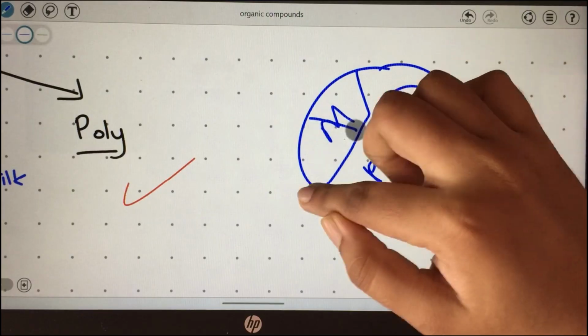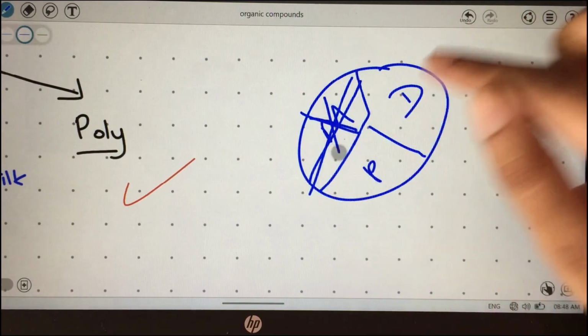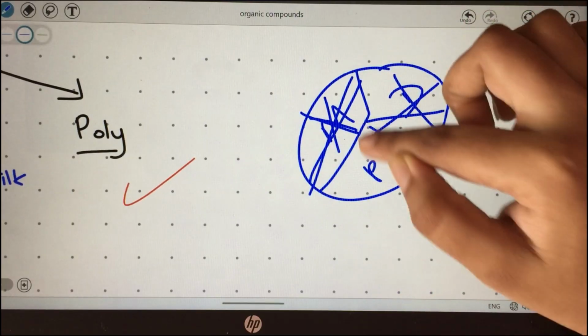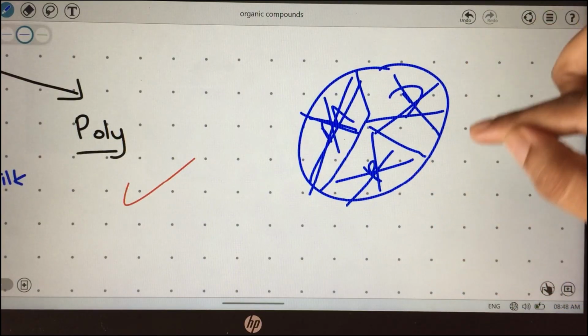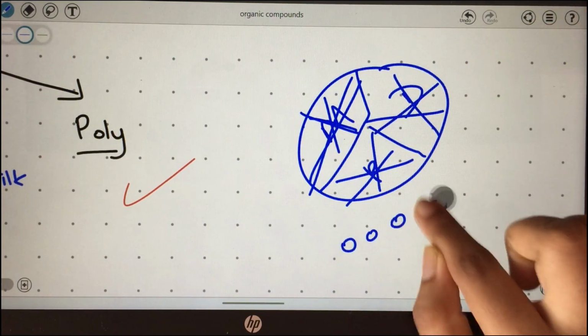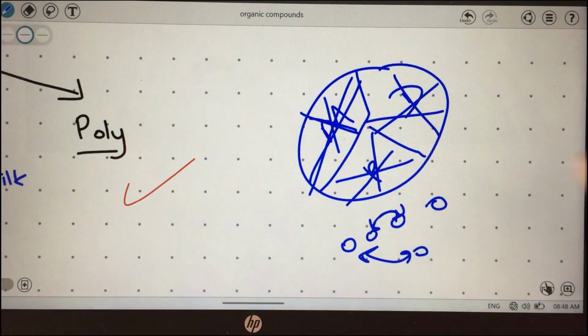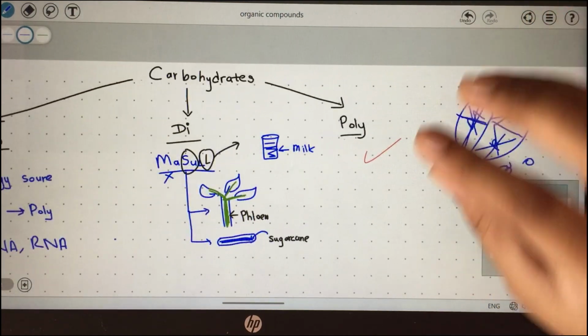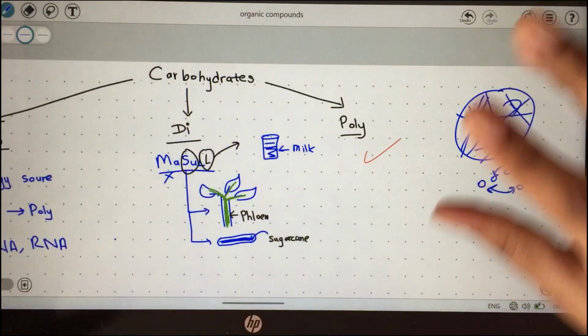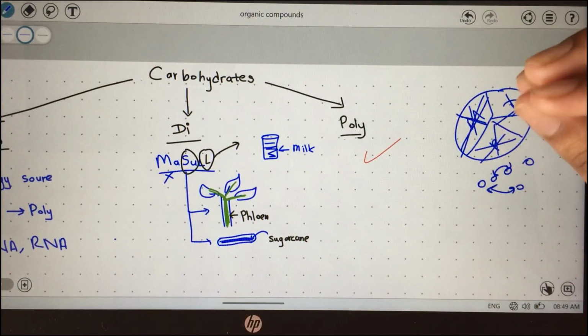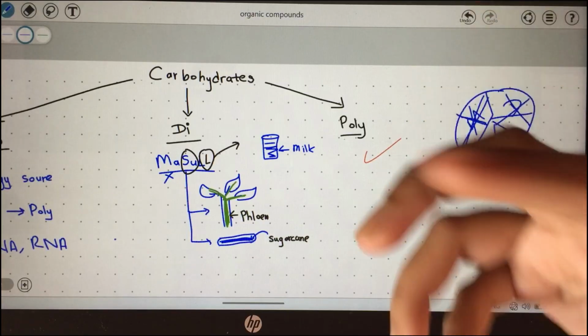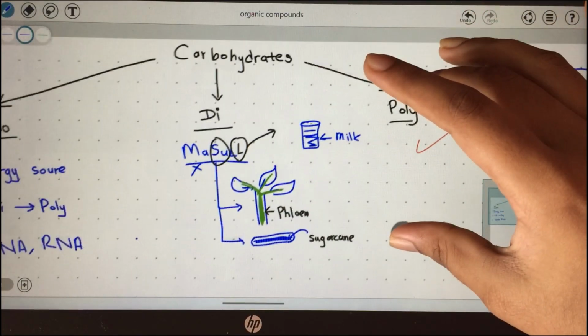Then we broke down each of mono, di and poly into different chunks. Now you have small pieces, but you have the connection between each piece. That's the whole point of this mind map. Why? You can relate different parts of the mind map, and you're going to understand it more analytically, and it's easier to revise also.